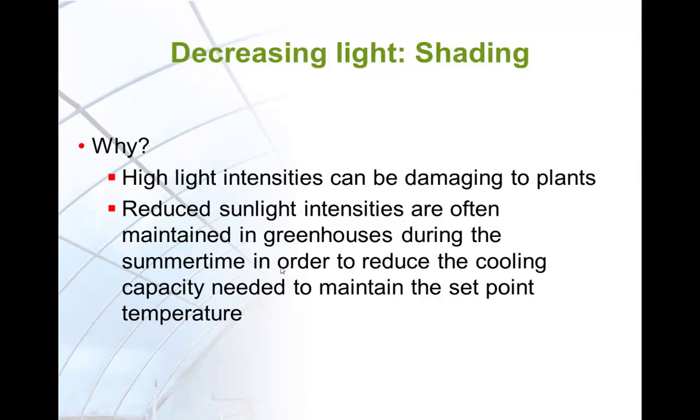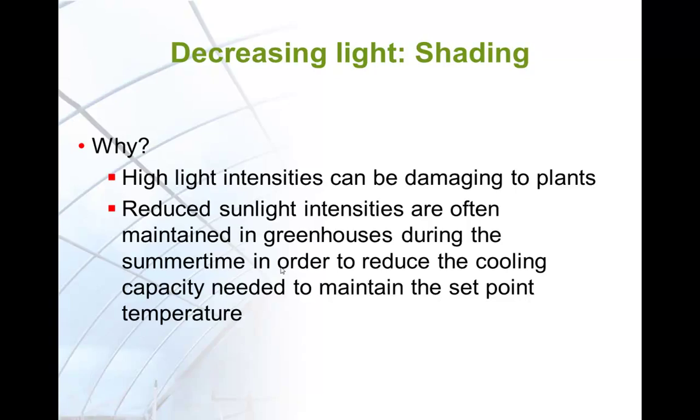Right, let's talk about the way to decrease light, shading. Why do you need to decrease light? Light is very important for photosynthesis. Therefore, you want to maximize light intensity in a greenhouse. However, too much light can be damaging to plants.